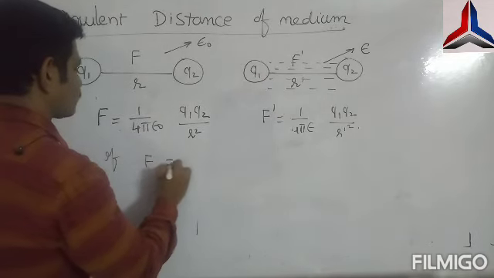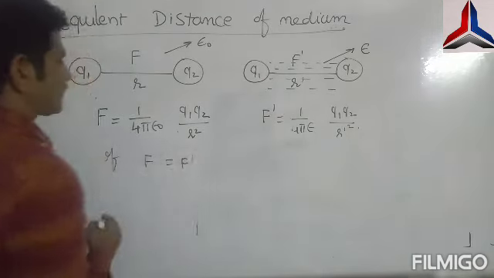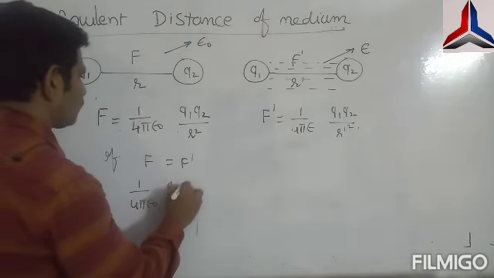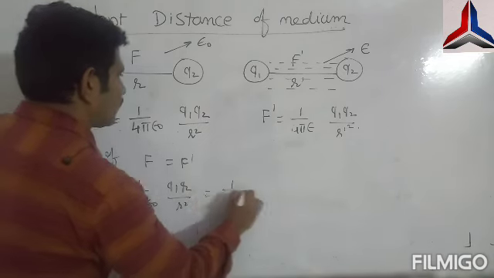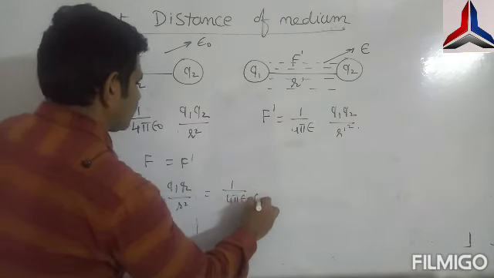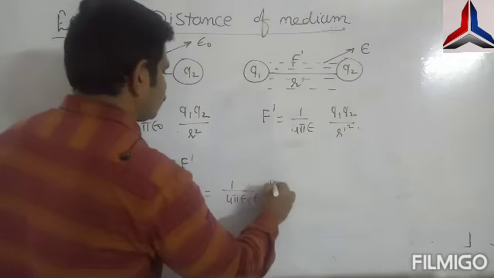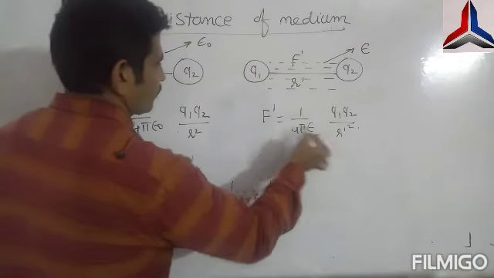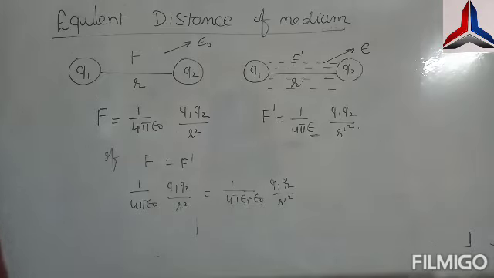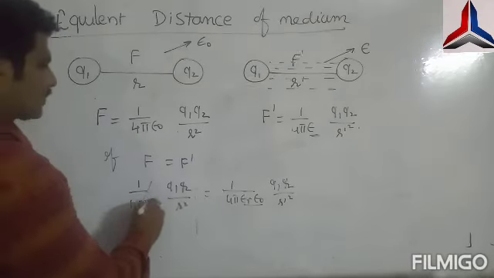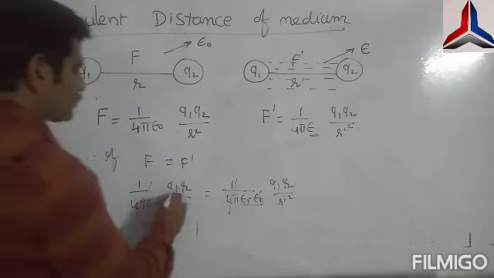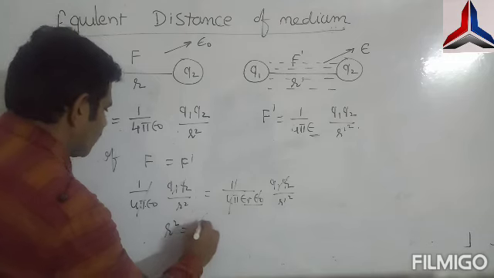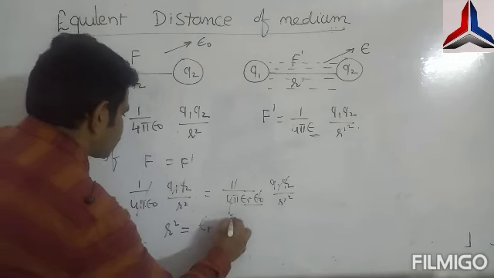So if F equals F dash, these two values will be the same. Therefore 1 by 4 pi epsilon naught Q1 Q2 by R square equals 1 by 4 pi epsilon Q1 Q2 by R dash square. Am I right? Instead of permittivity, I took the relative permittivity. These two cancel. Therefore, R square in air equals relative permittivity times R dash square.